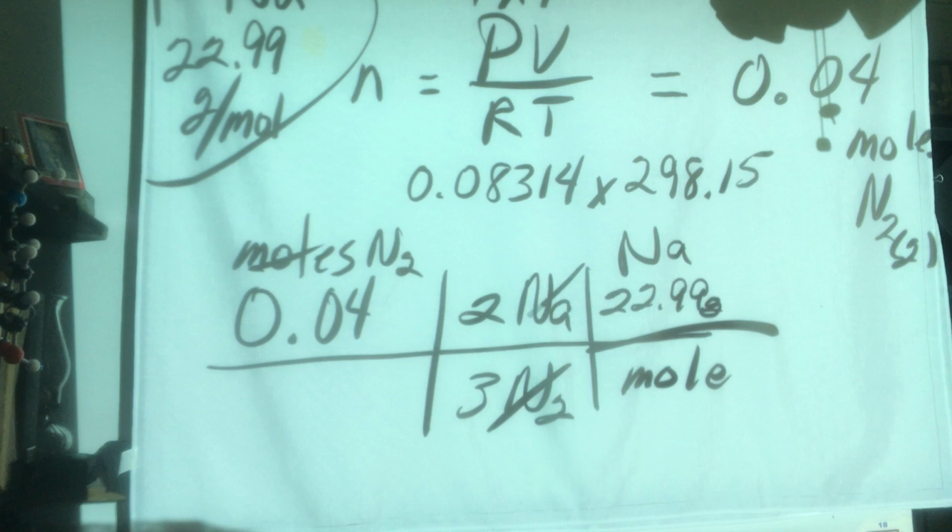And that way we'll cancel the moles of sodium and we'll end up in grams. So when you finish writing that, you'll punch in 0.04 times 2 times 22.99, enter, divided by 3, enter. And you should get the correct answer.